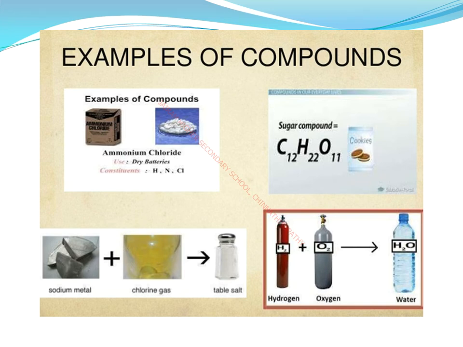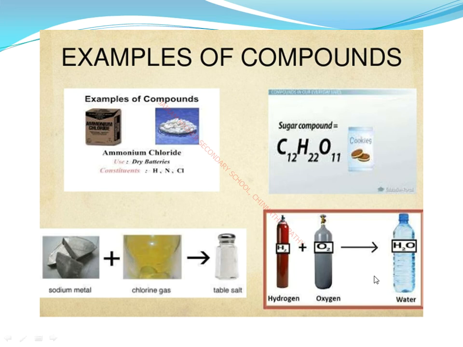Without salt, the food won't have taste, right? The food will never give the taste, right? So what is the content present in our table salt? Sodium metal and chlorine gas. Sodium metal and chlorine gas combined together give us what? Table salt. This also comes under examples of compounds.